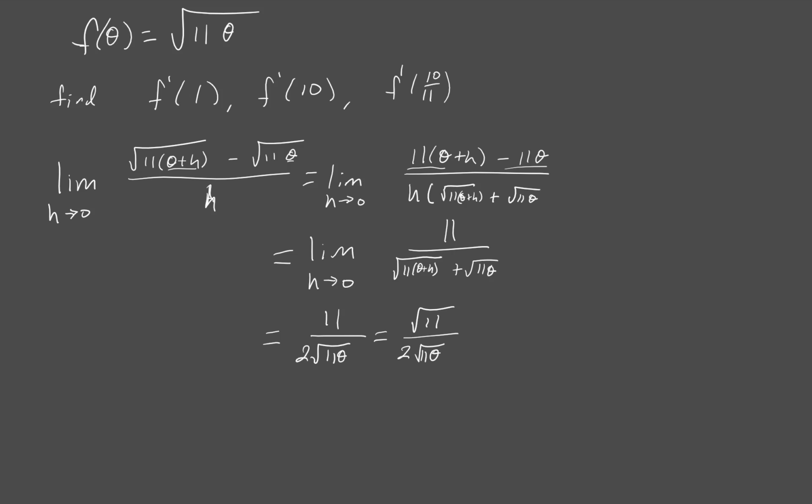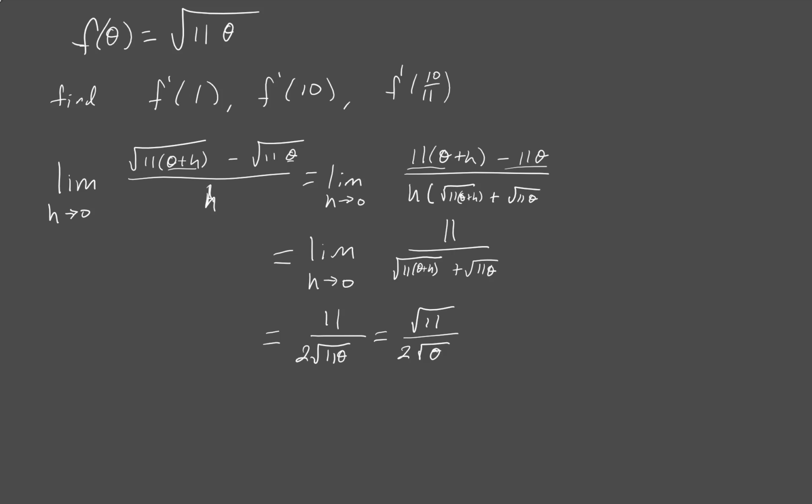Nope, sorry, that's not true. I don't need the 11 down there because I canceled it. I just need the square root of theta down there. There we go. The square root of 11 on the denominator cancels with half of that factor of 11 in the numerator, and I end up with this.